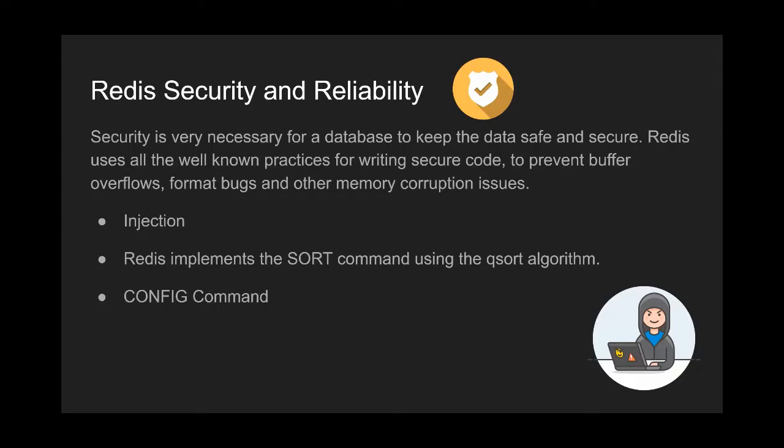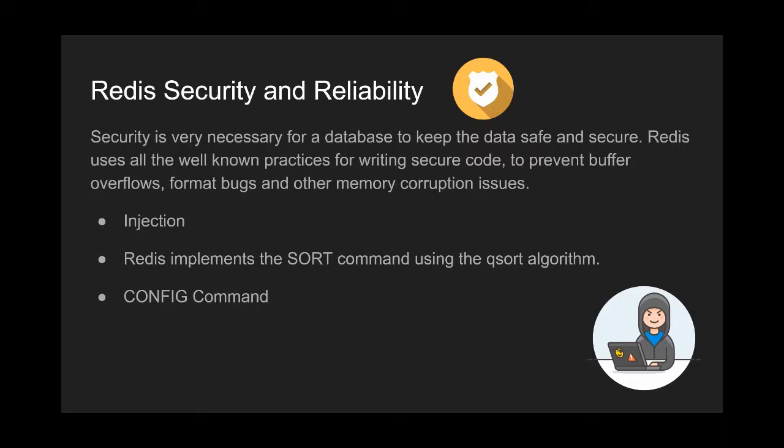So the Redis protocol has no concept of string escaping, and we learned about SQL injection. So it's impossible under normal circumstances to execute injection using a normal client library. The protocol uses a prefixed length of strings and is completely binary safe.